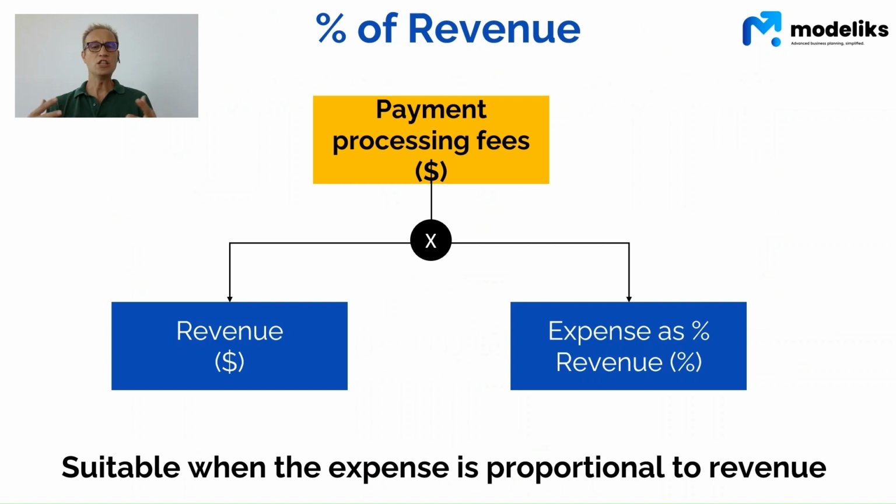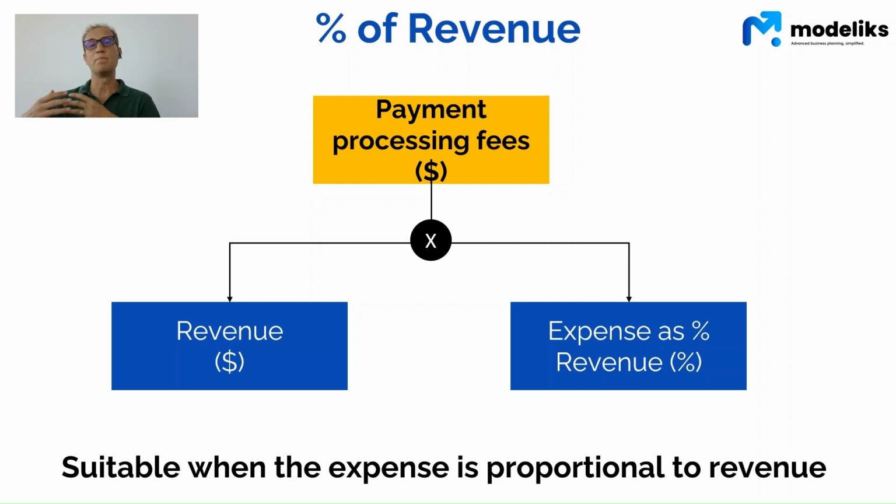Method number two, percent of revenue forecasting. Now, percent of revenue forecasting is most suitable when the expense is directly proportional to the revenue that we generate in our business. A good example would be payment processing fees. Let's imagine we are a SaaS company that sells software services online, and for all our clients we have a payment processor who processes their payments and collects the cash in our name from our clients.